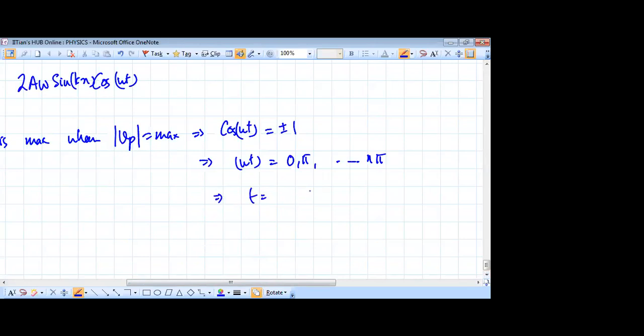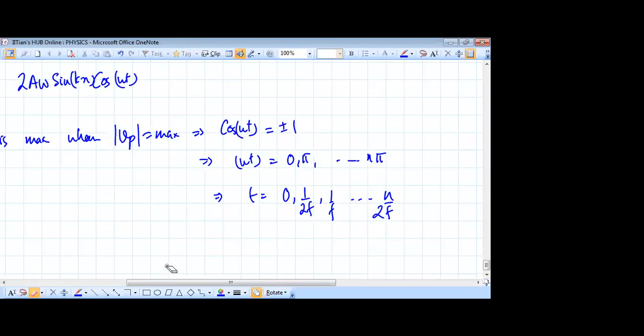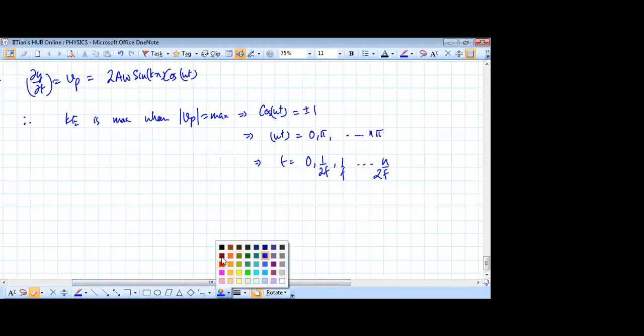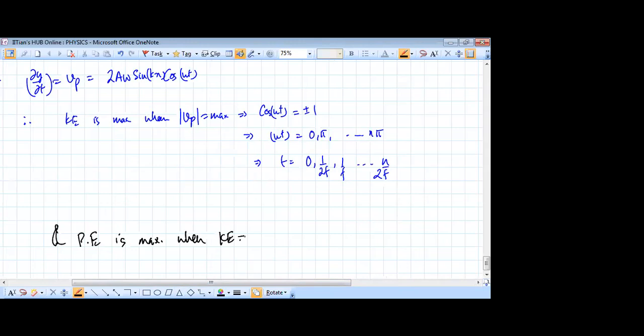So time, whereas similarly you will see your potential energy is maximum, elastic potential energy is maximum when kinetic energy is zero or particle velocity is zero.